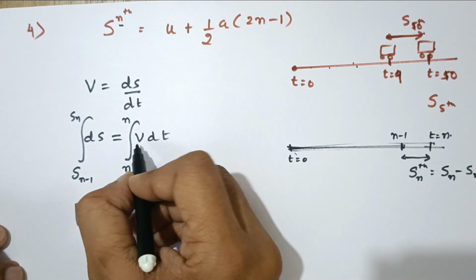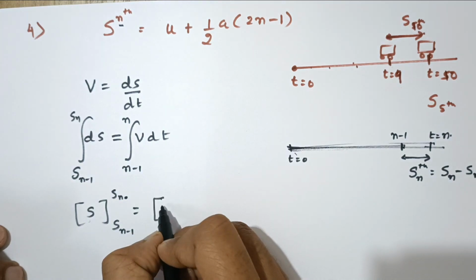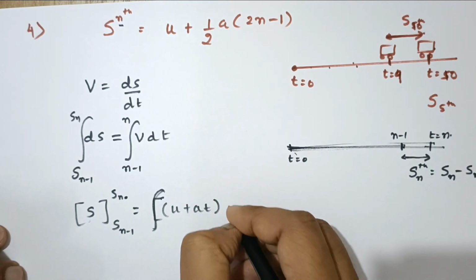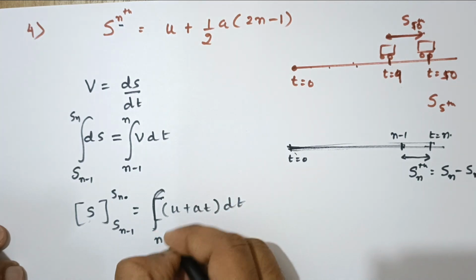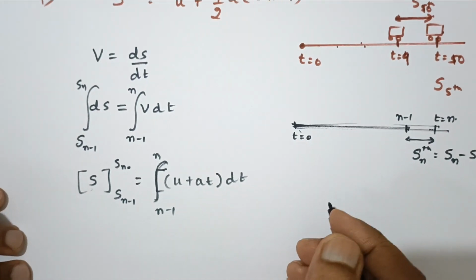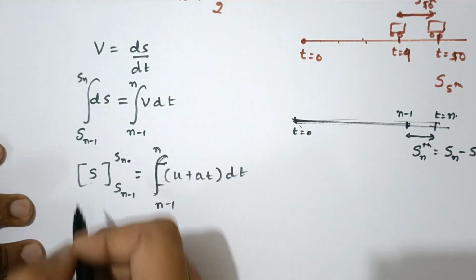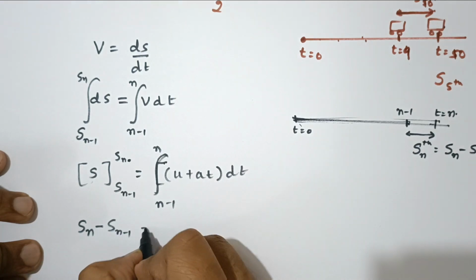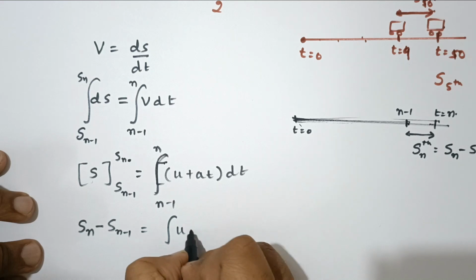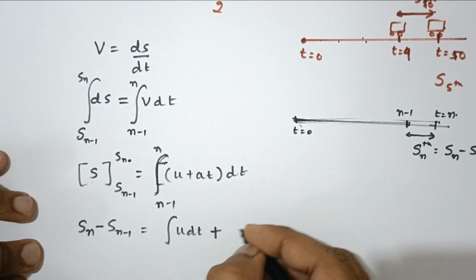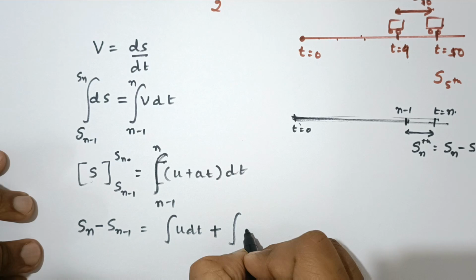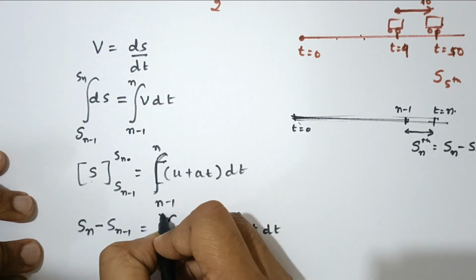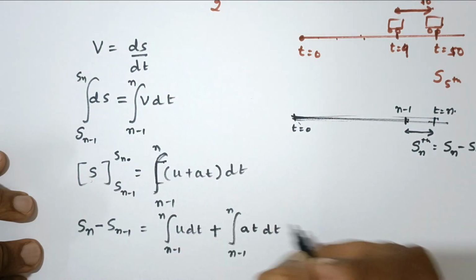So this can be written as the integration of (u + at) dt from n minus 1 to n. Now, Sn minus S(n-1) is the integration of u dt plus the integration of at dt, from n minus 1 to n.